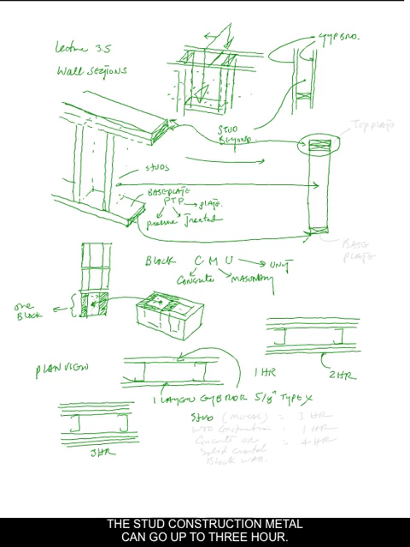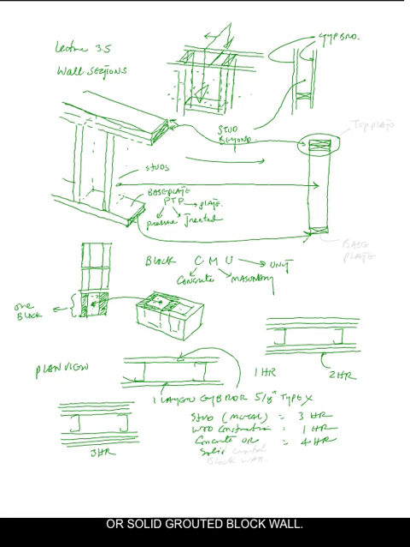The stud construction, metal, can go up to 3 hours. Wood construction, it's very important to stay within 1 hour. And then the 4 hour wall is typically a concrete or solid grouted block wall.